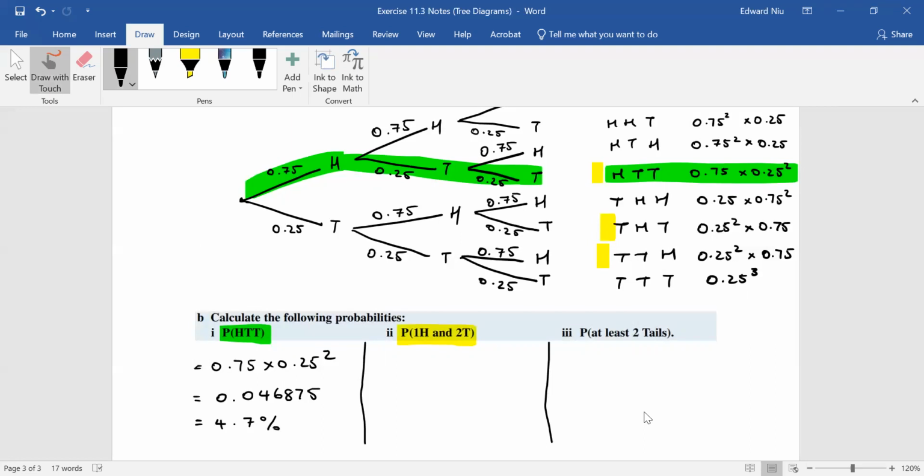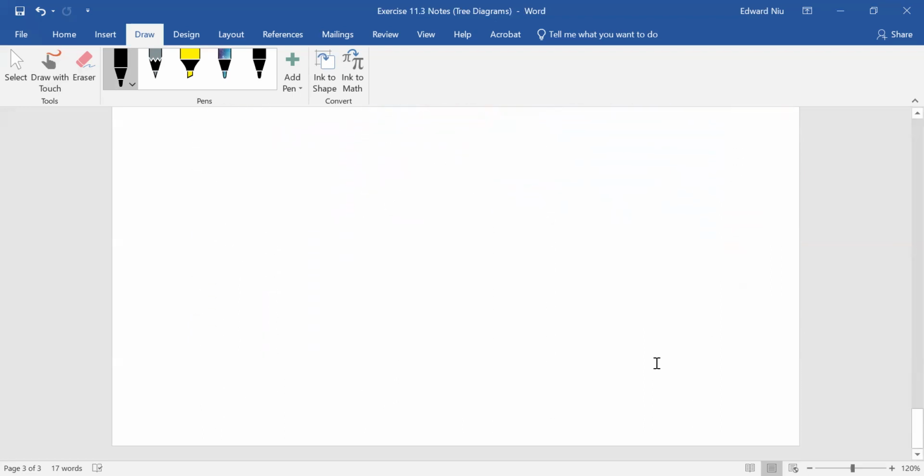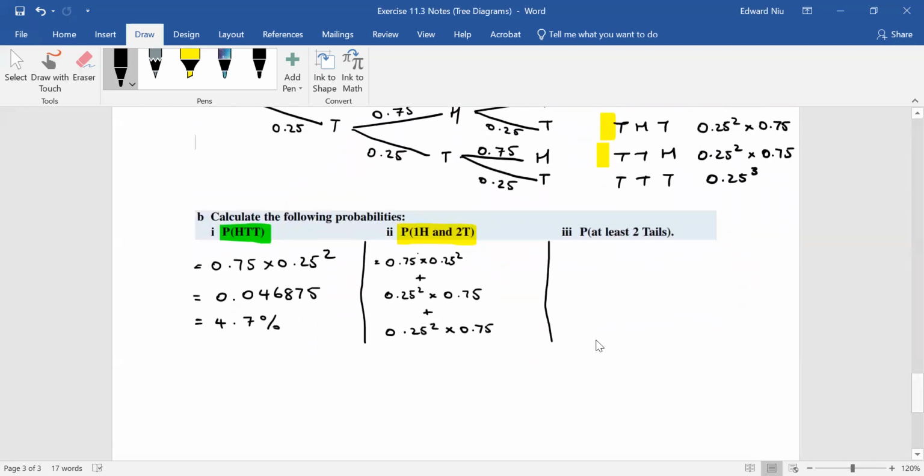So we take those odds. We have 0.75 times 0.25 squared. We want to add that with 0.25 squared times 0.75. And then the third one, 0.25 squared times 0.75. What you notice is all the odds are the same. And hopefully we have enough space. Yes, we do. And we can go and add them together.